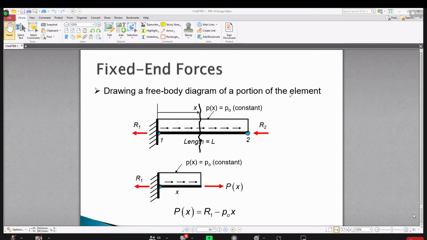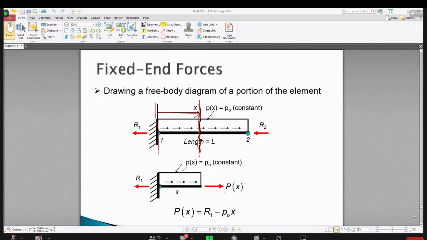So, drawing a free body diagram of a portion of the element, assuming you pass a section here, let's draw the free body diagram. The distance, assuming, is x from this reference point. So your force here would be P sub O times x.